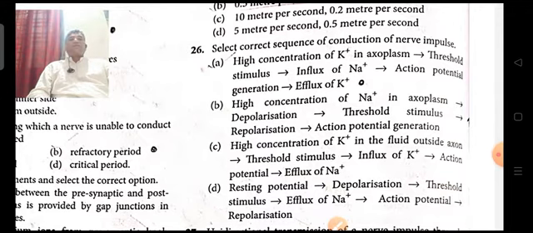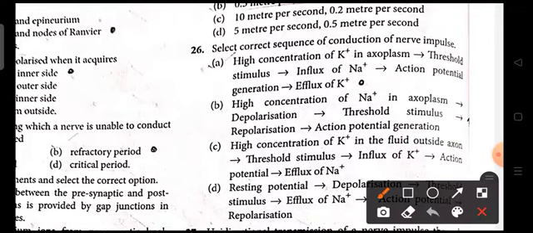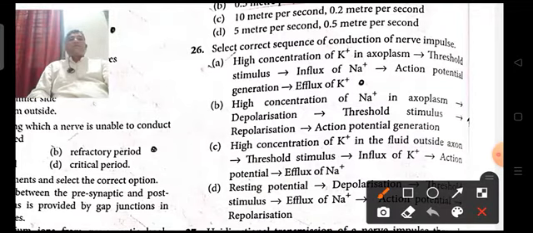So here the correct sequence of conduction: when there is a high concentration of K plus ions in the exoplasm, then a threshold stimulus is raised, then the movement of Na plus ions inside and the movement of Cl minus ions outside, then an action potential is generated, then movement of K plus ions takes place.